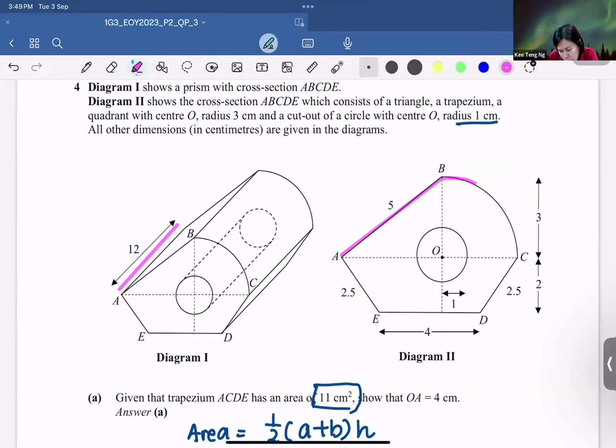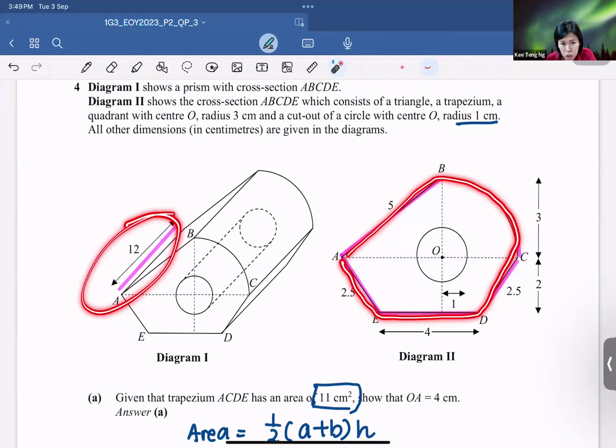And the next piece is BC, this arc over here, times another 12, another larger piece of rectangle, plus another 2.5 times this whole 12 again to get the bottom piece of rectangle, plus another 2.5 here times 12 to get the side rectangle.